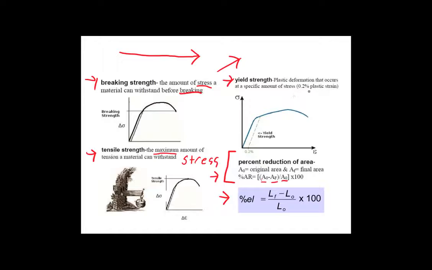Most of the time it is 0.2%. Sometimes it's 0.1%, but either way, it's where you can see plastic deformation happening. So that's a pretty good general definition. Yield strength is generally where you can see plastic deformation happening.